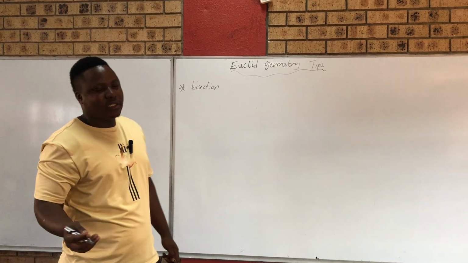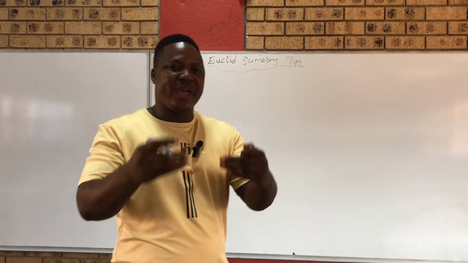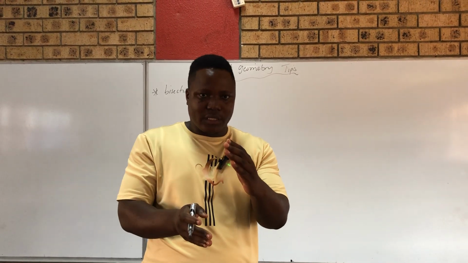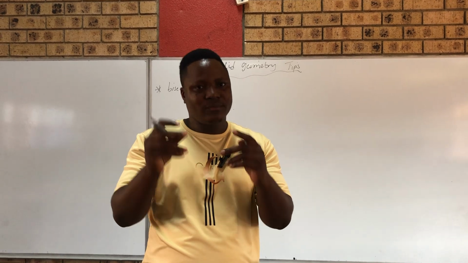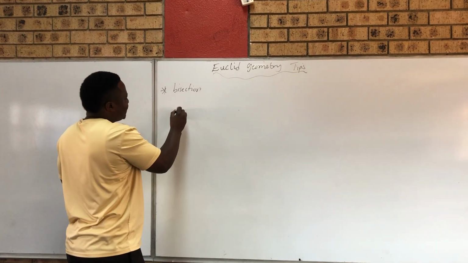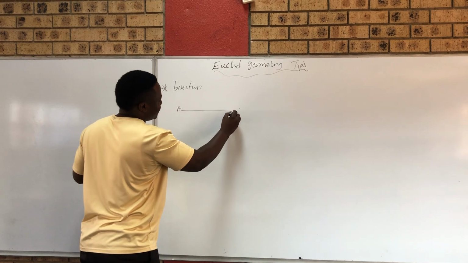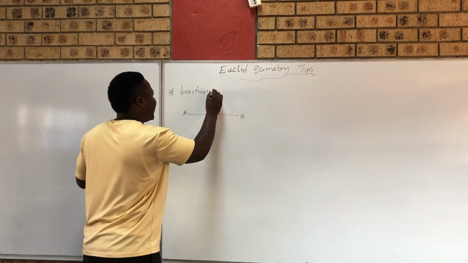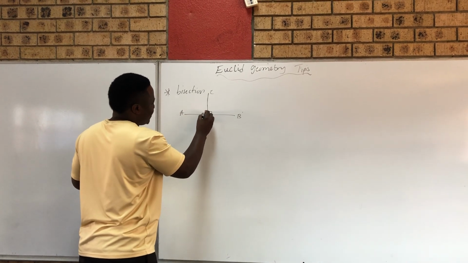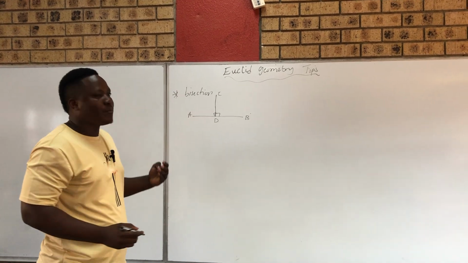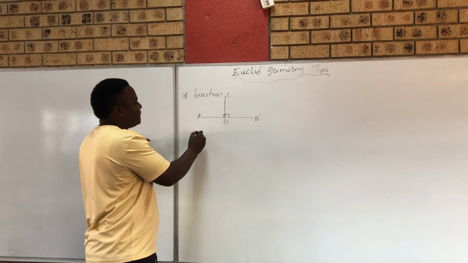When we talk about bisection, remember, we are talking about a line that bisects. It can bisect an angle into two equal angles, or some line into two equal lines. So, for example, if you have line AB, and you have another line, maybe here I can say CD, which is parallel.